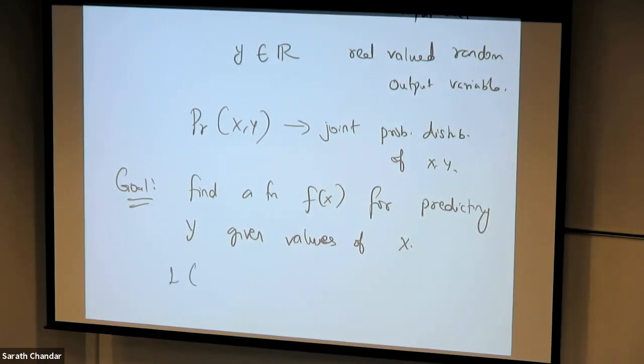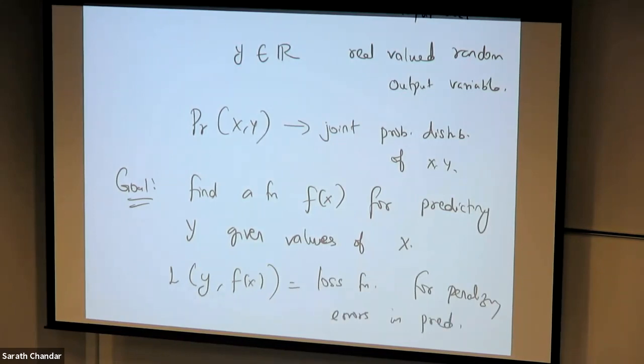So we have a loss function which takes both y and f of x as input, the true value y and the model's prediction f of x, and this is a loss function for penalizing errors in prediction.